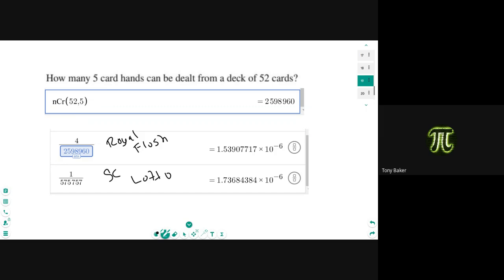So as you can see, when you're looking at probability, we're using nCr, the combinations, the permutations, the counting theory to find the bottom number, and then we can use that to figure out a probability situation. Since there are 4 different royal flushes, we do 4 divided by the number of hands, and the lottery was 1 over that.